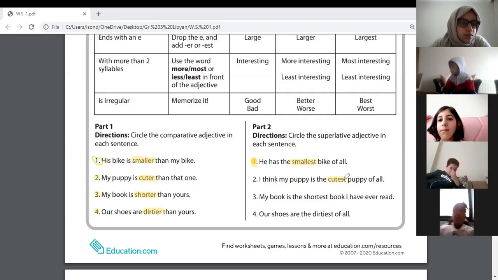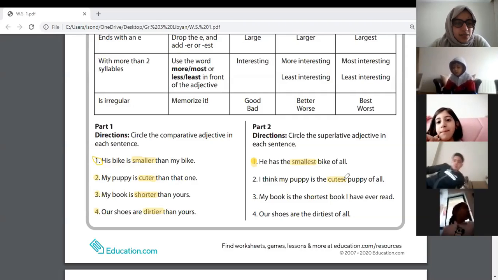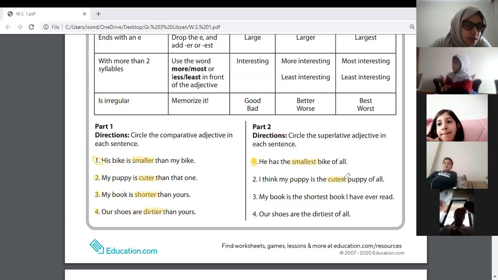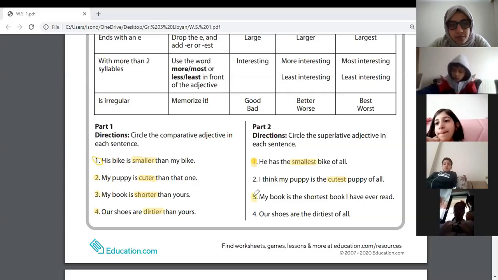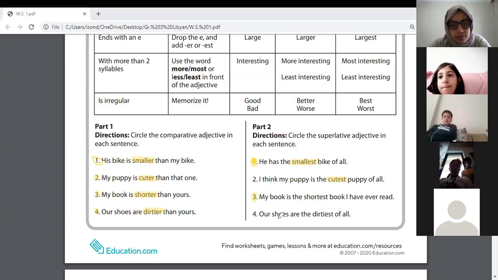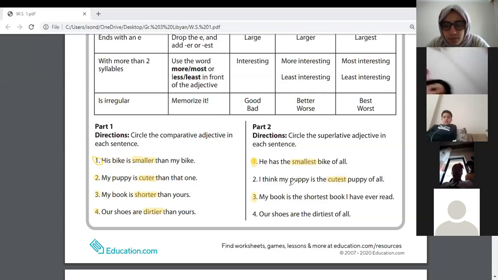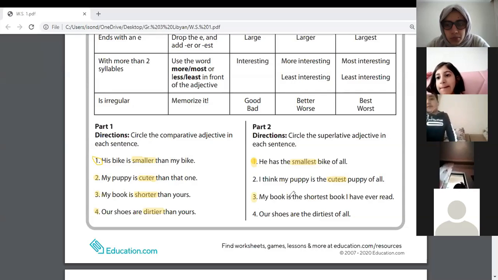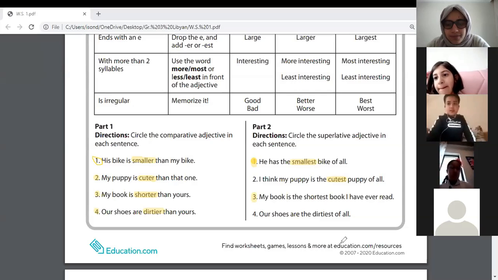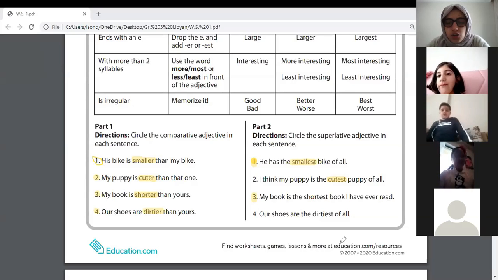Bashair is raising her hand. Bashair, can you read number 3, please? My book is the shortest book I have ever read.